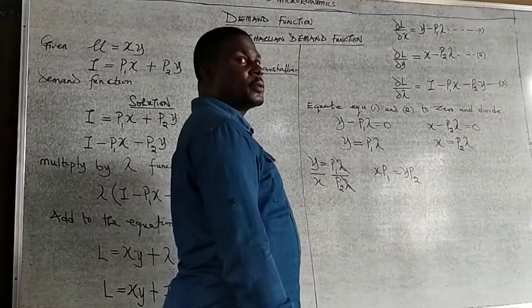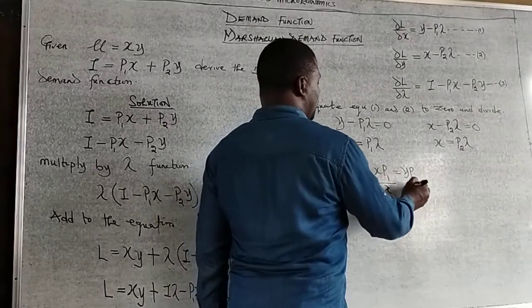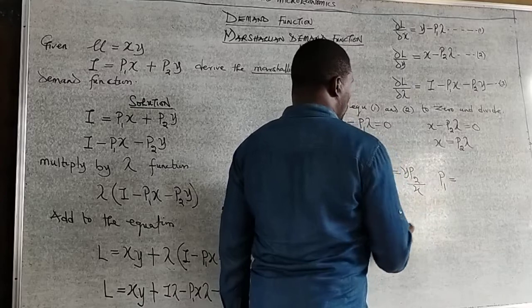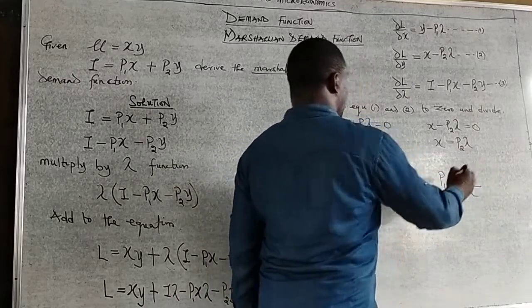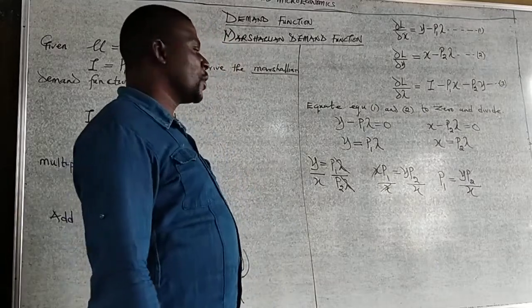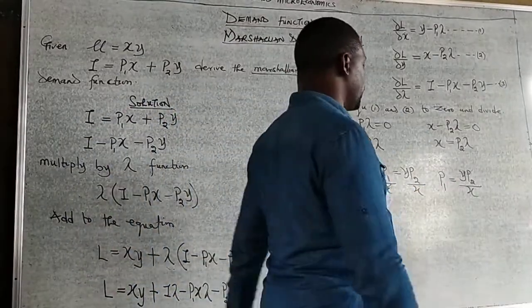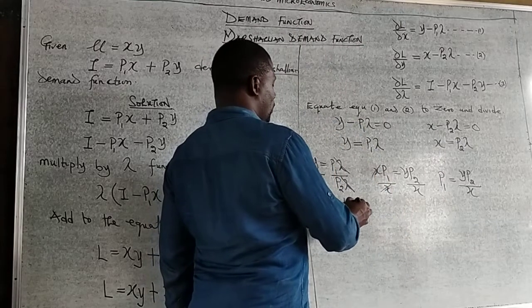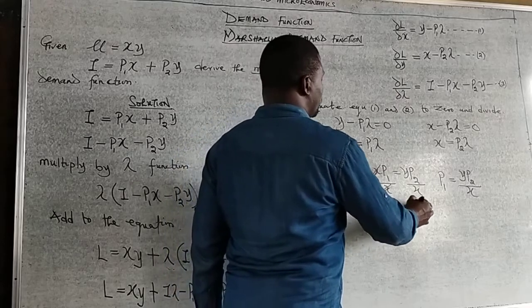Can I continue? So to get your p1, divide both sides by x. So our p1 will now be equal to y p2 over x. So we will now substitute this p1 in equation 3.